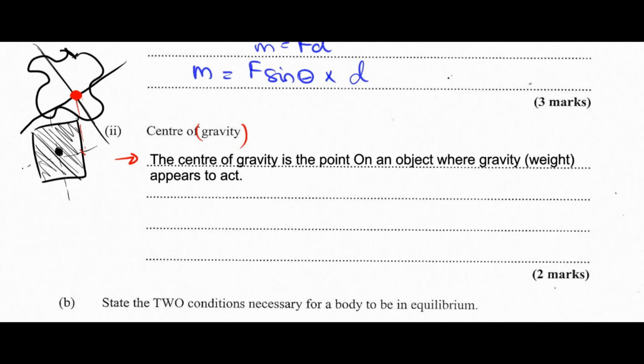So even though they are seemingly the same thing, they are not, because the center of mass deals with the mass distribution of the body itself, while the center of gravity is where the force of gravity appears to act, or where the weight of the object is concentrated. As physics students, I know you know the difference between mass and weight, where mass is a scalar quantity, so it only deals with magnitude, while weight is a force, and it is usually said that weight acts downwards.